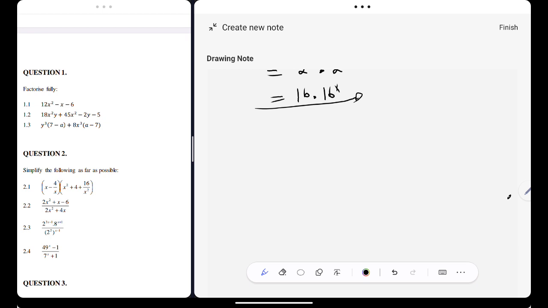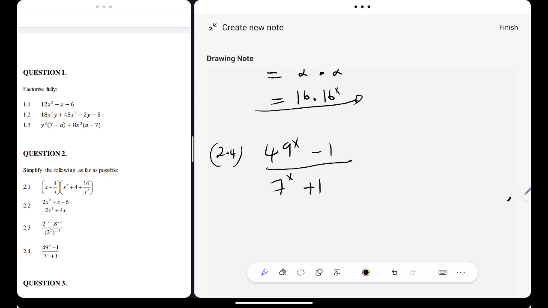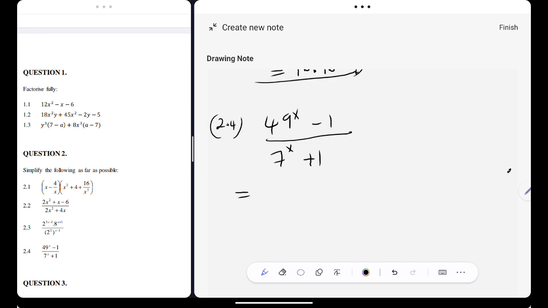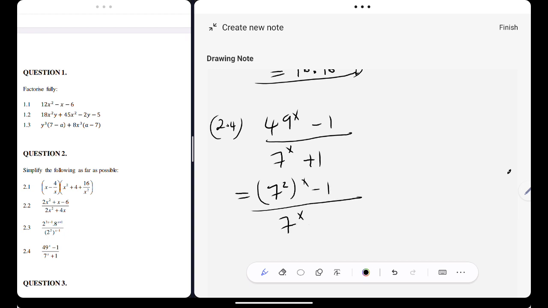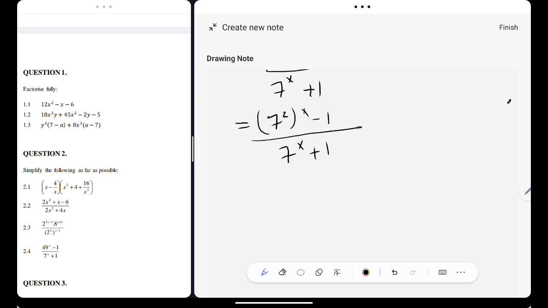Okay, and then now I have 2.4. I'm supposed to simplify fully 49 to the power x minus 1 all over 7 to the power x plus 1. Here 49, I can write it as 7 squared, so this thing will give me 7 to the power 2x minus 1 over 7 to the power x plus 1.